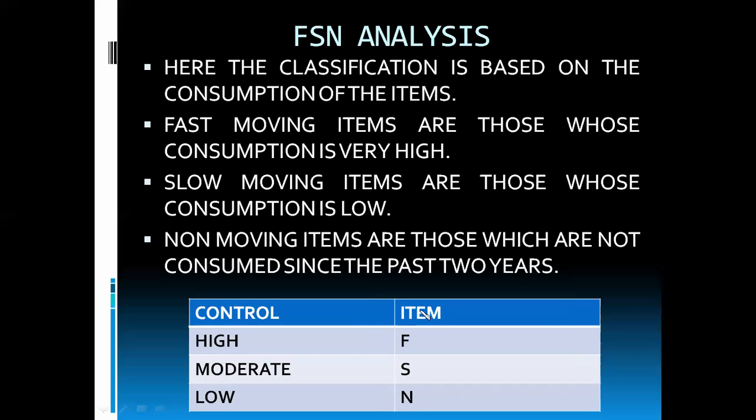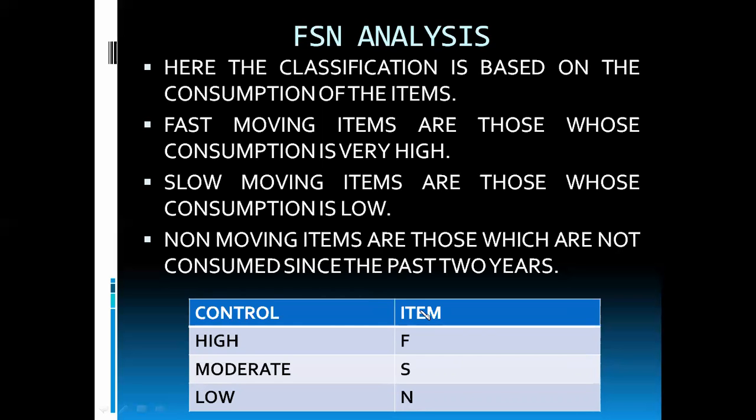Means the company keeps on requiring fast moving items. Slow moving items are those where the consumption is less, we can say low. And non-moving items are those which have not been consumed since the past 2 years. So FSN analysis helps to avoid investment in those items which are not required much.